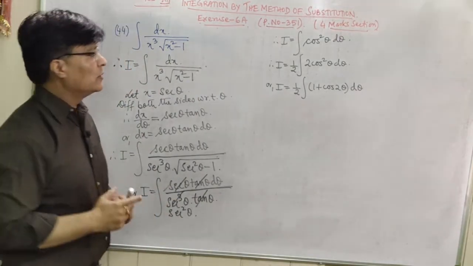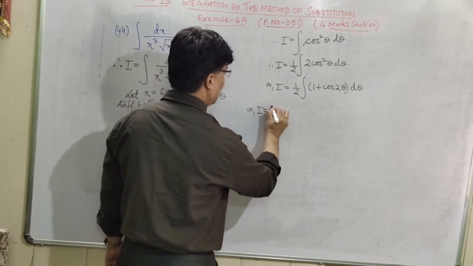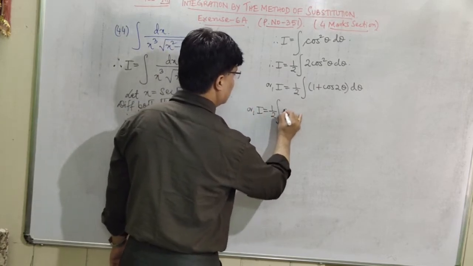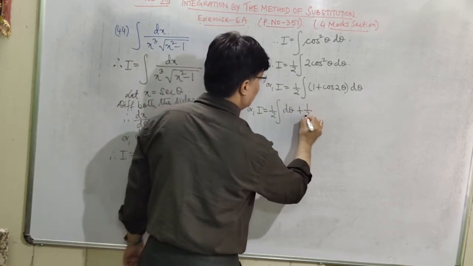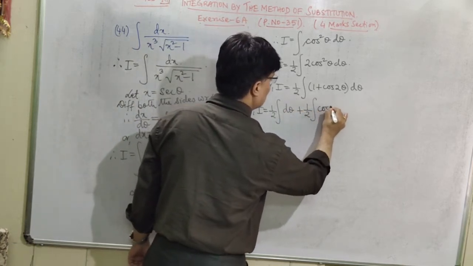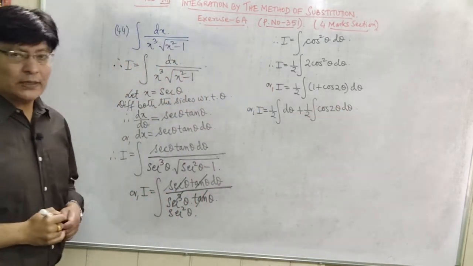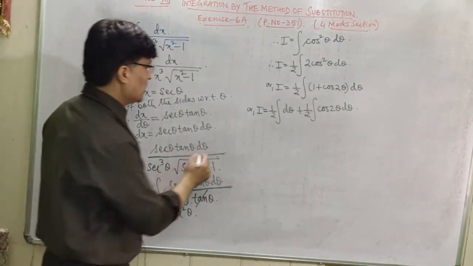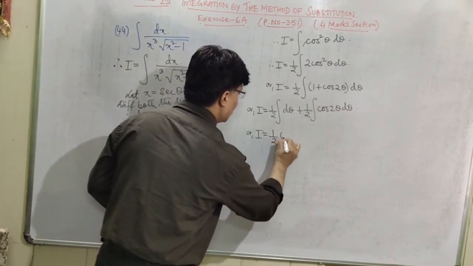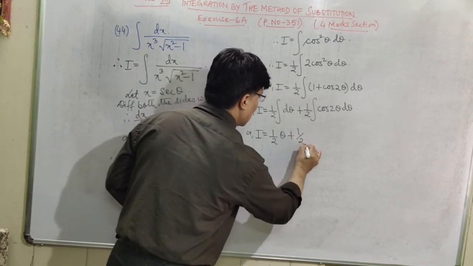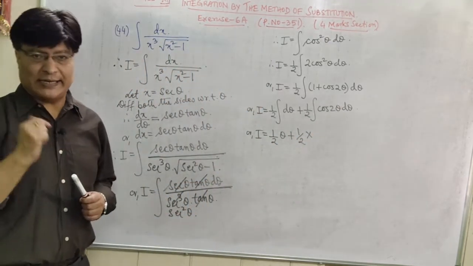Understood now? So now you can separate the terms and easily integrate them. I is equal to half integration of d theta plus half integration of cos 2 theta d theta. Is that clear? So next, I is equal to half into theta plus half into the integration of cos mx dx.